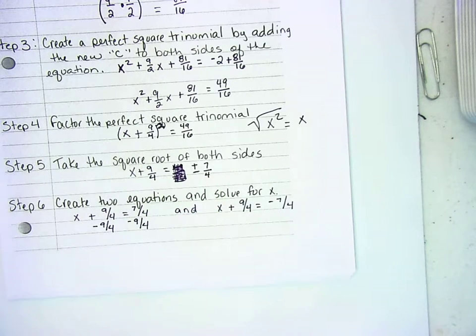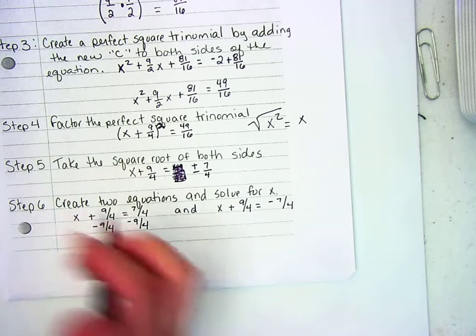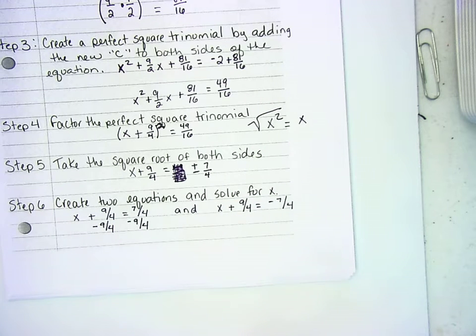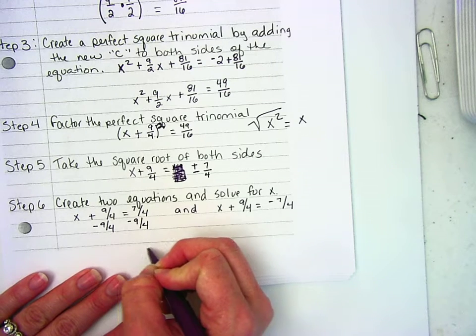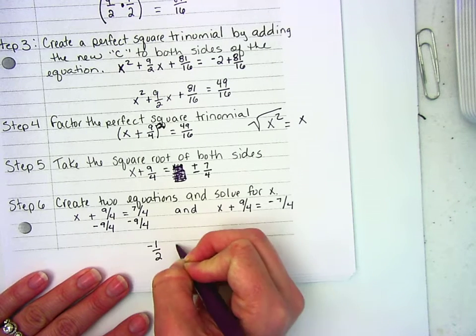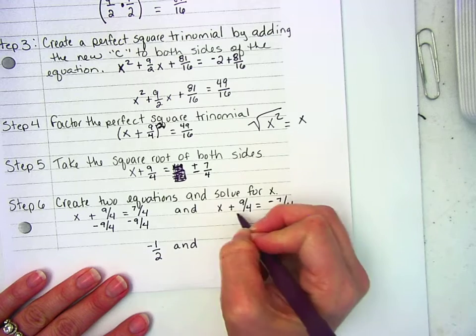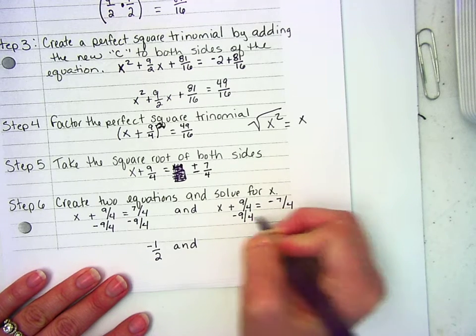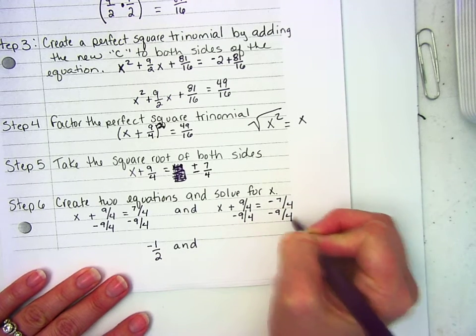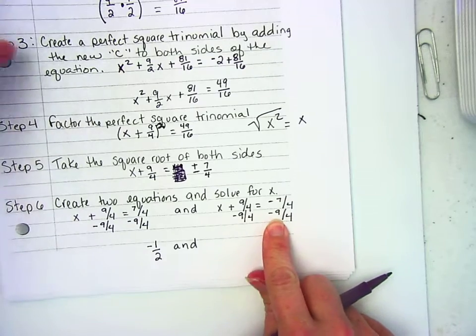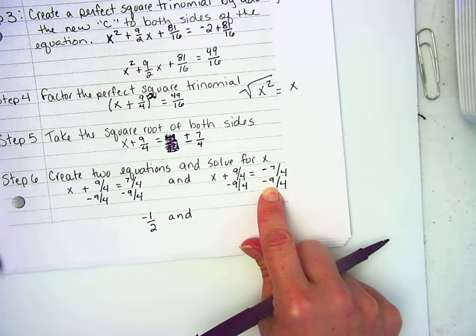This works out to where you have the same denominator. I have a negative 9 and a positive 7. That leaves me with negative 2 over 4, which simplifies to negative 1/2. And if I subtract 9 over 4, minus 9 over 4, that gives me negative 16 over 4, but what does that simplify to?